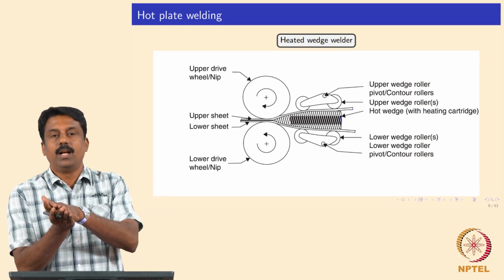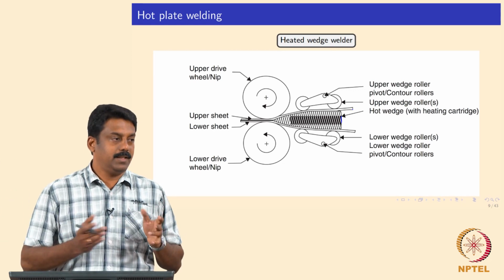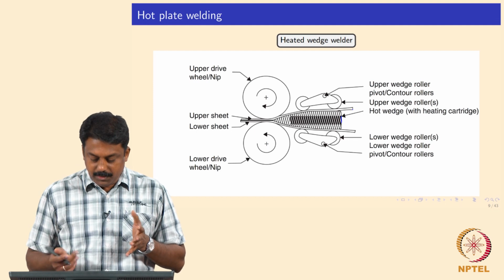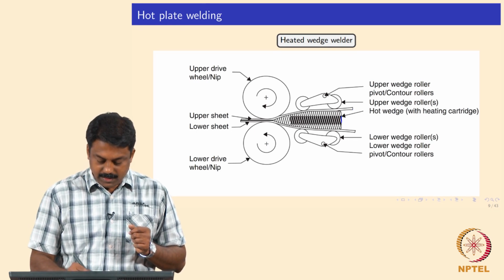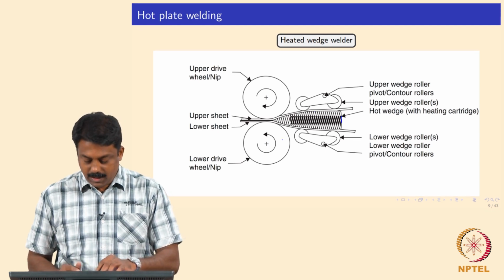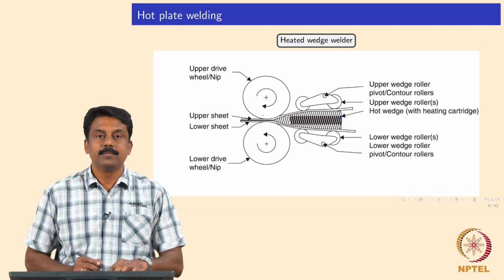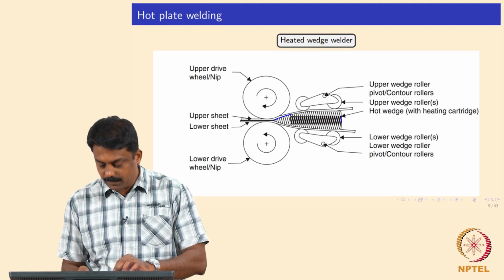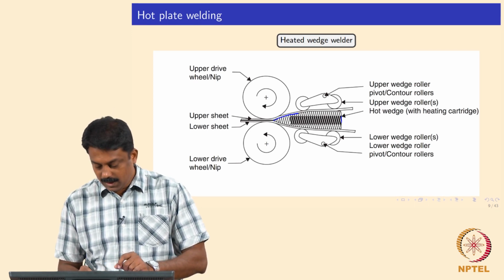You have to join two long plates in a longitudinal seam. So you place a resistance heated hot wedge at the interface. You heat up the interface, and subsequently the rollers roll it. These are leveling rollers, and these are driving rollers.